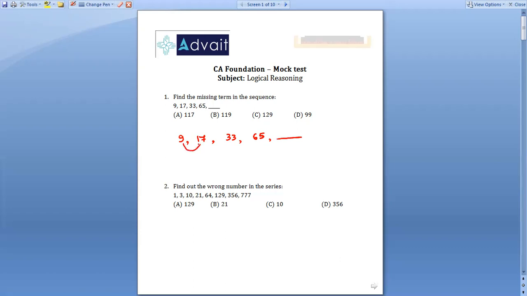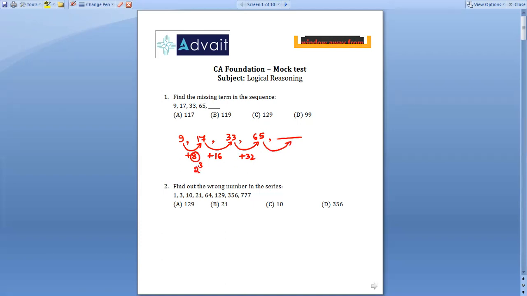So see here, 9 and 17. So 9 plus 8 gives 17. 17 plus 16 gives 33. 33 plus 32 gives 65. And so what will be the next difference? So clearly these are powers of 2.